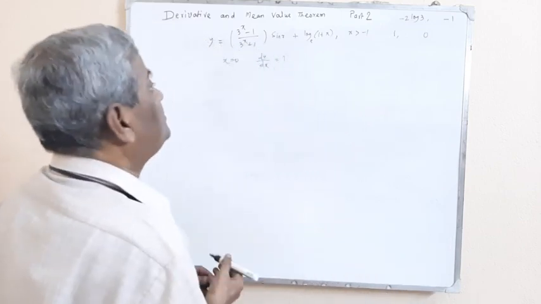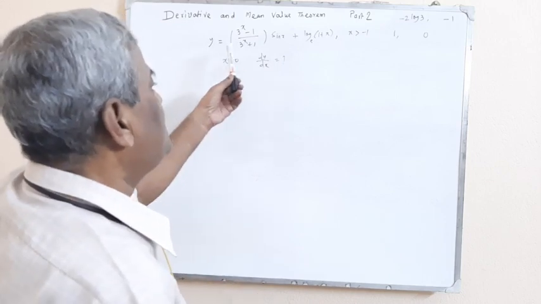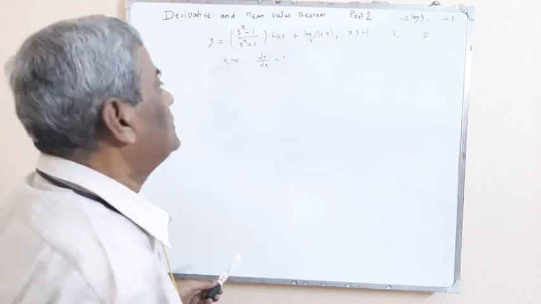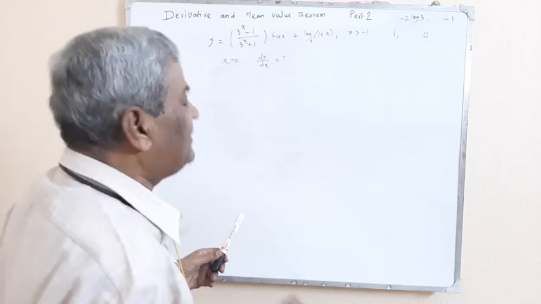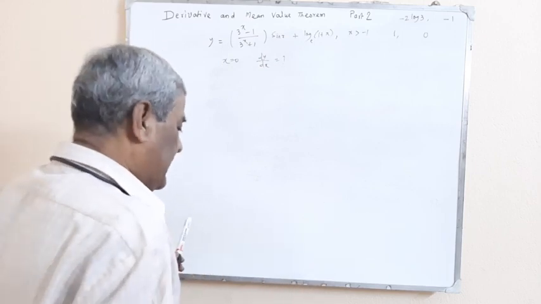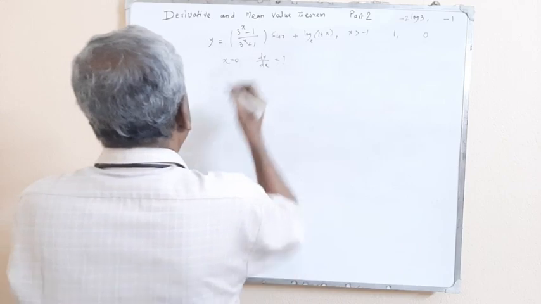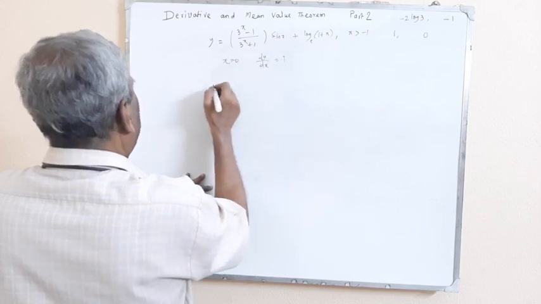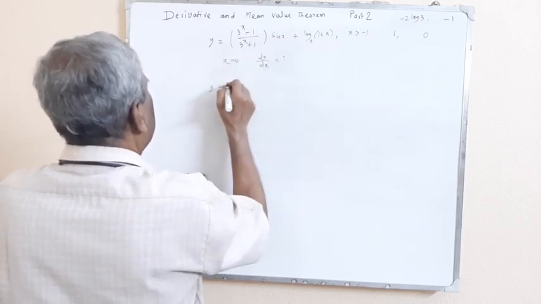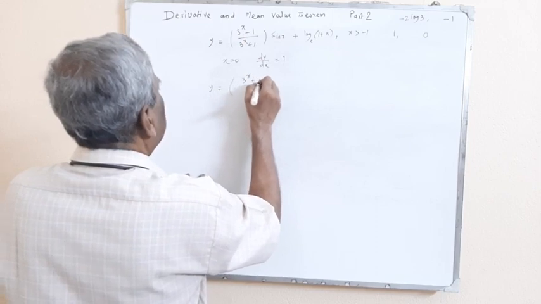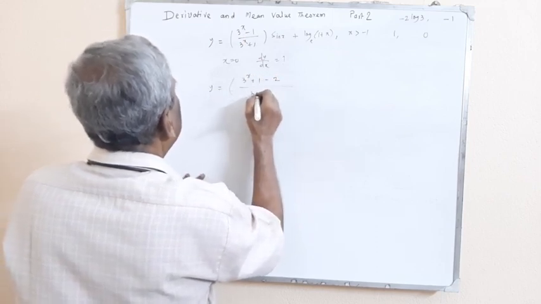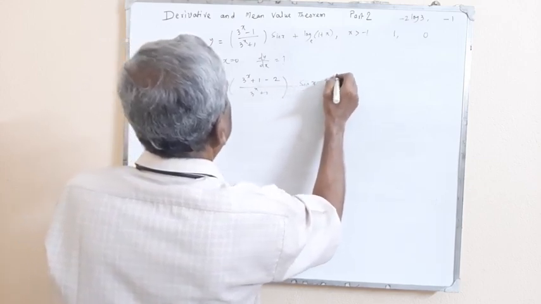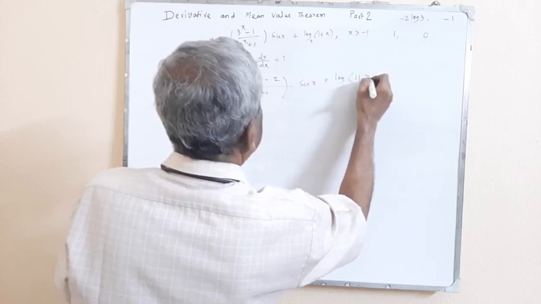So y is a simple function of x here. These are very simple in that respect, they can be directly differentiated. But we can simplify this a little bit. y is equal to (3 to the power x plus 1 minus 2) divided by (3 to the power x plus 1) into sine x plus log of 1 plus x, base e.